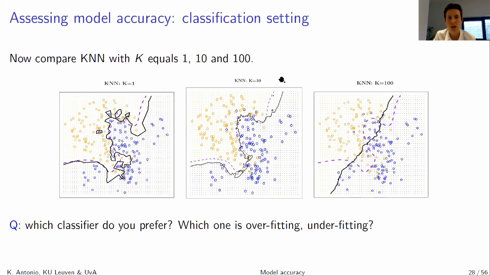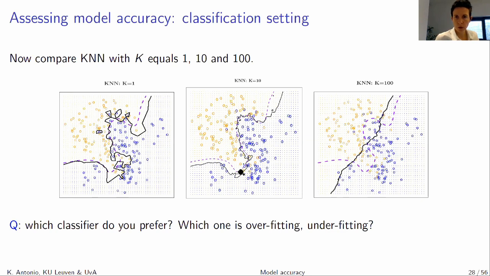And here with k equals 10, we get a classifier for which the decision boundary is also very close to the decision boundary of our base classifier, and we know that we can't do any better than that one. Of course, this is a simulated example, so we know where the purple dashed line will be, but in reality, of course, you don't know what that decision boundary would look like.